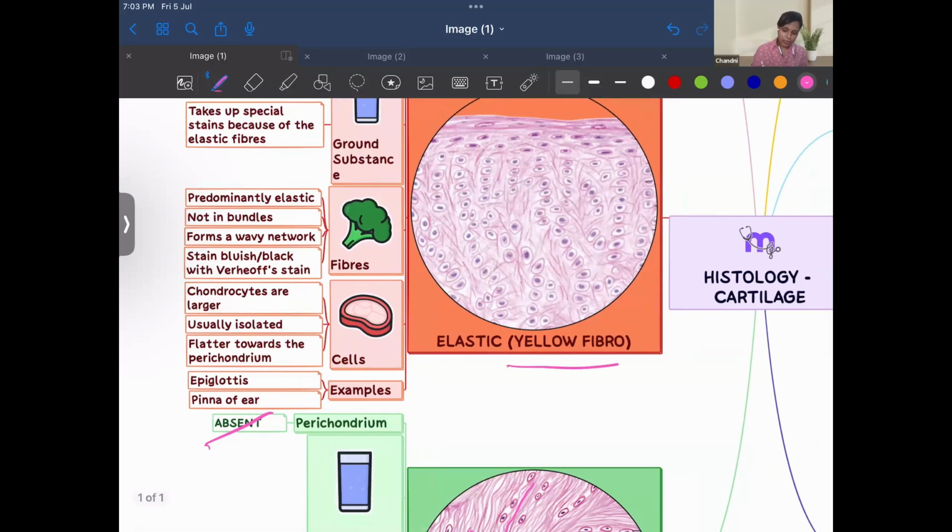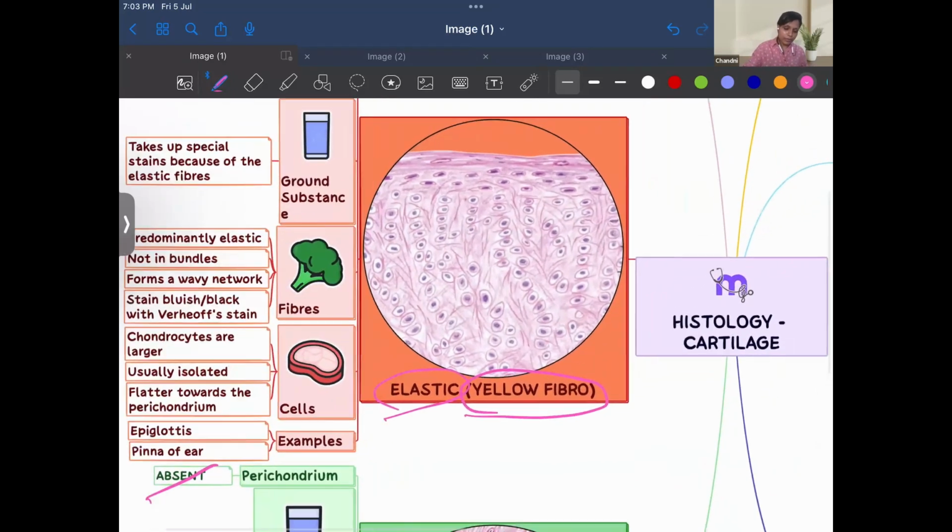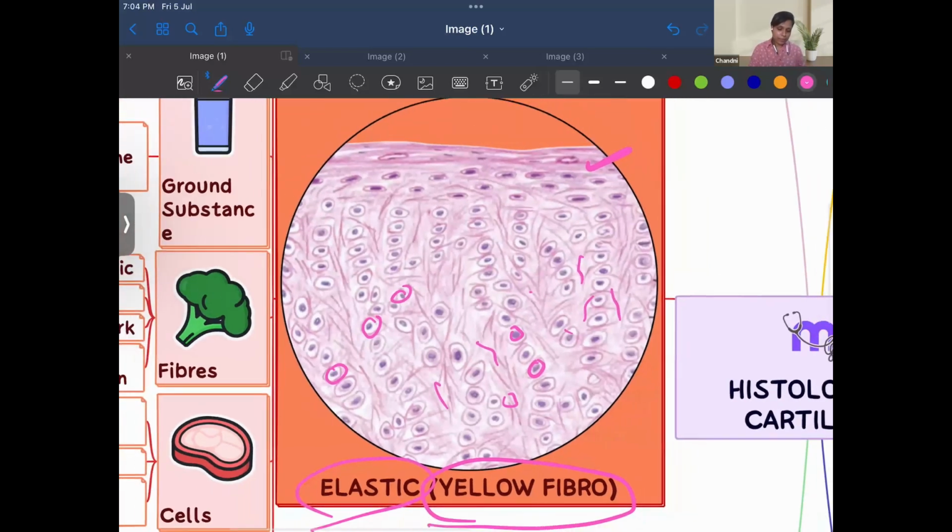Then we have yellow fibrocartilage, which I already told you, elastic cartilage. You learned something new today. Perichondrium is present, just like hyaline cartilage, with lots of elastic fibers loosely running all over the place. A lot of cells. If you see, they are not arranged in bundles. Mostly they run loosely, right?